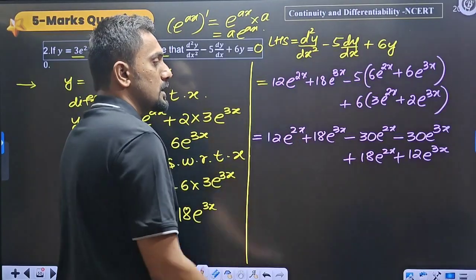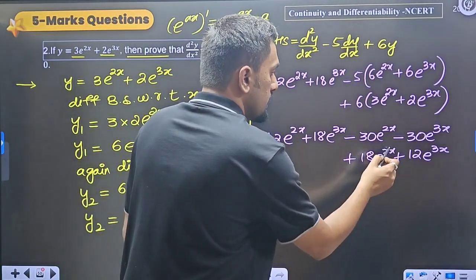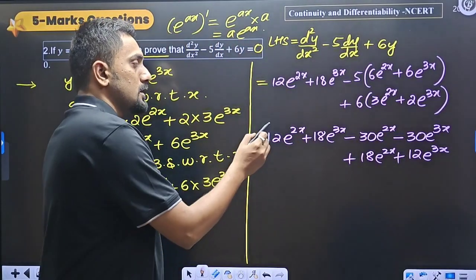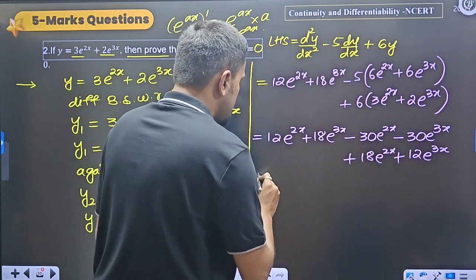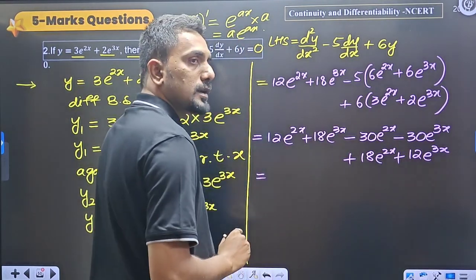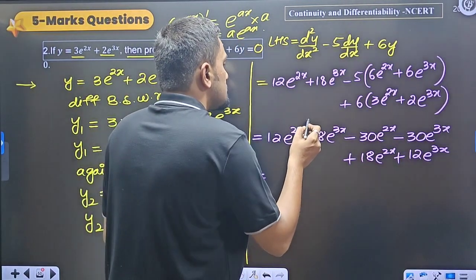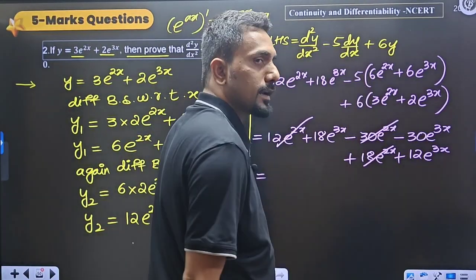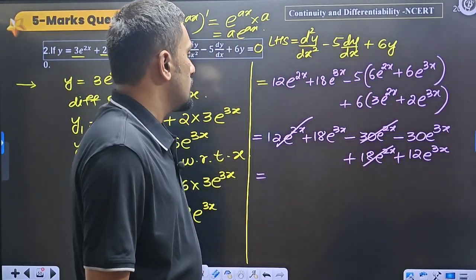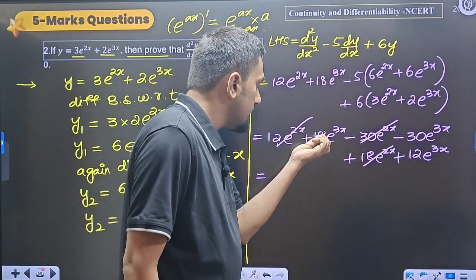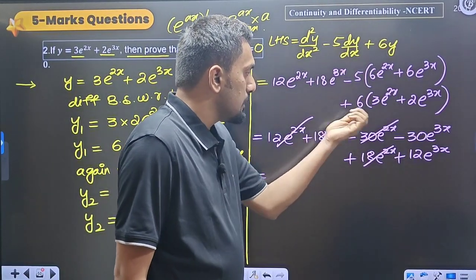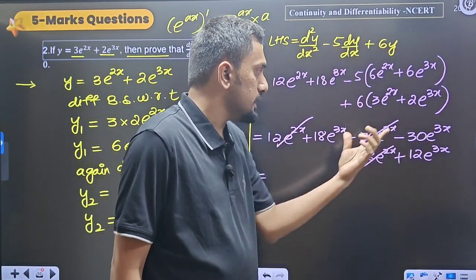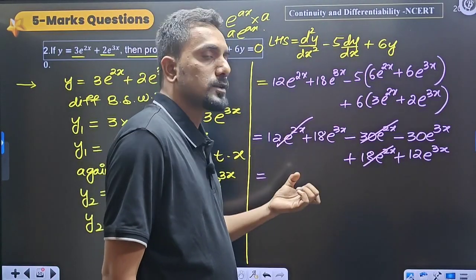12 e raised to the power 2x plus 18 e raised to the power 2x. 12 chocolates plus 18 chocolates is equals to 30 chocolates, right? These positive 30 chocolates and negative 30 chocolates get cancelled. Then in the same manner, 18 e raised to the power 3x plus 12 e raised to the power 3x means 30 e raised to the power 3x.